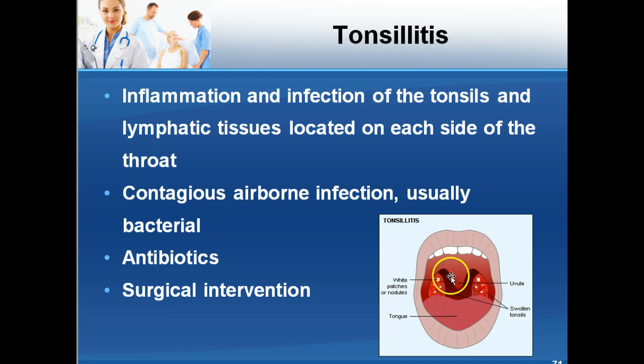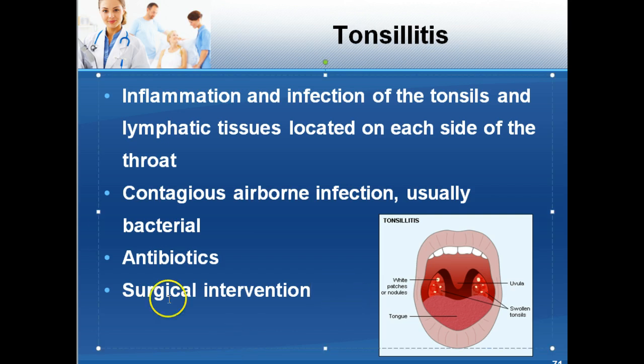That's that little thing that you see when you open your throat. It's a contagious airborne infection, usually bacterial, and they usually do antibiotics or they have to do surgery. If they have to keep giving the person antibiotics over and over again, they'll go to surgery.